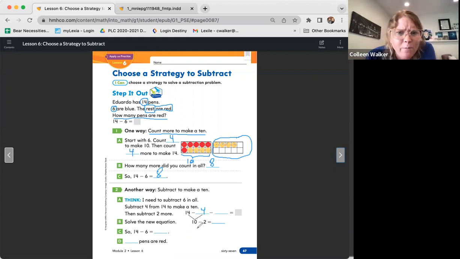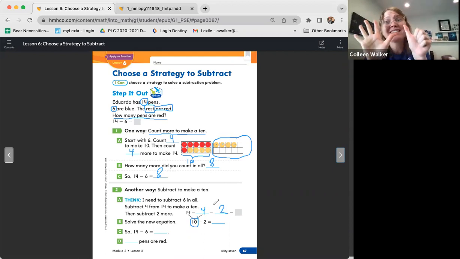So now we have 2 left right here, because we know we have to subtract 6 in all. So 14 minus 4, we know that's 10, and then minus 2, because again, we're trying to subtract not just 4, but 2 more, 6. We're trying to subtract 6.